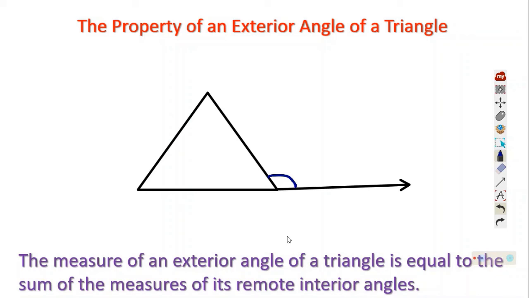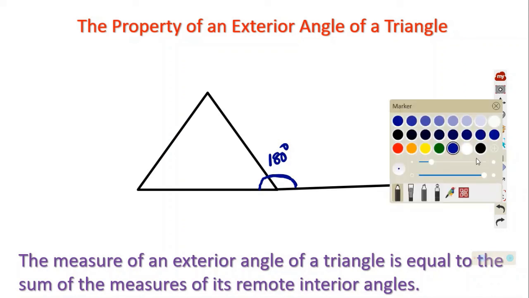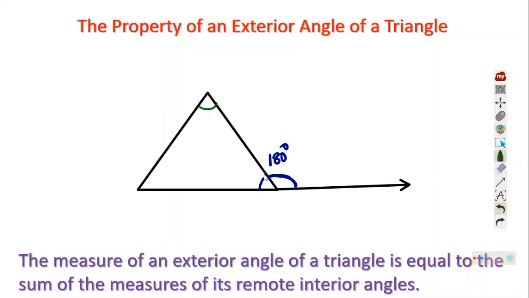The property over here, what we are trying to understand is that we know that the total measure of this angle, which we studied as a linear pair, will be equal to 180 degrees, right? And we also know that the sum of the measures of interior angles of a triangle is also 180.